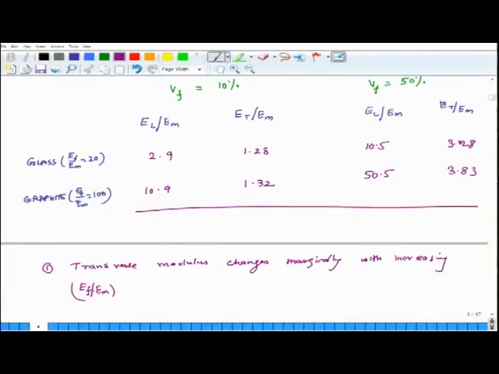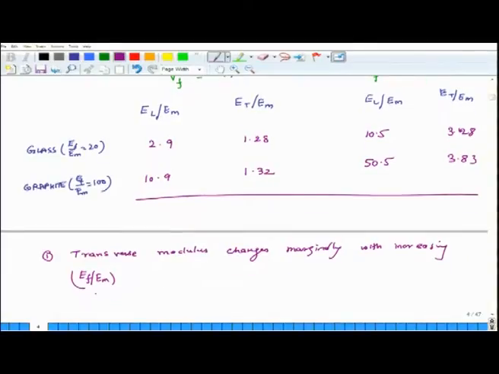You have increased it from 20 to 100 and still the transverse modulus did not go up, but the longitudinal modulus goes up significantly. It goes from 2.9 to 10.9, so more than 3 to 4 times.